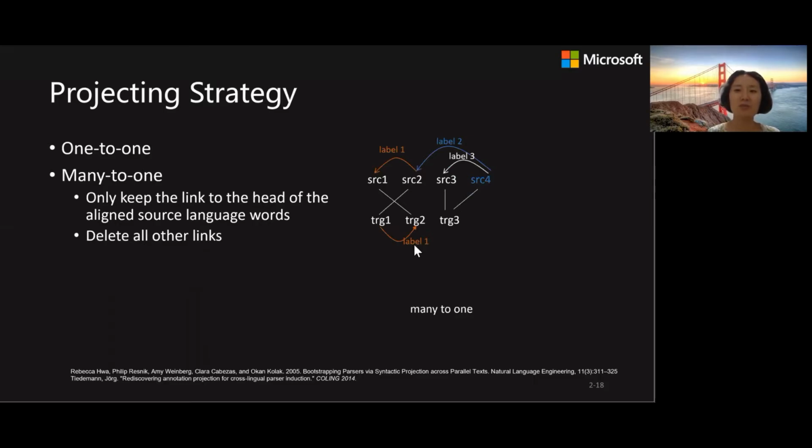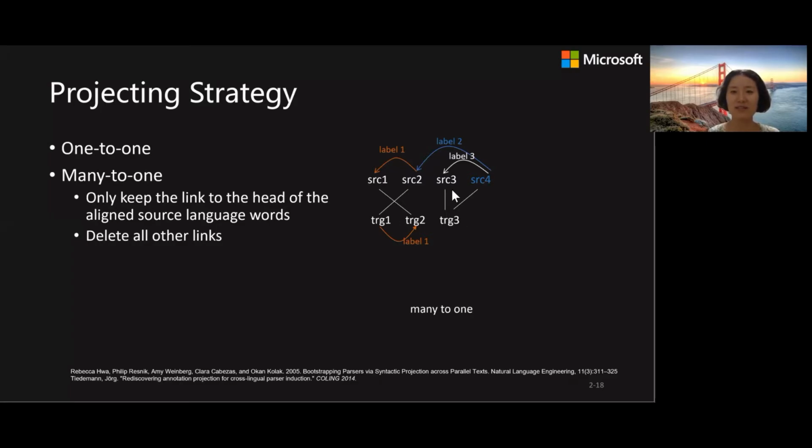If there are multiple source words aligned to the same target word, we will find the head of all source words and only remove alignments between other source words and the target word. In this example, both source 3 and source 4 are aligned to target word 3.